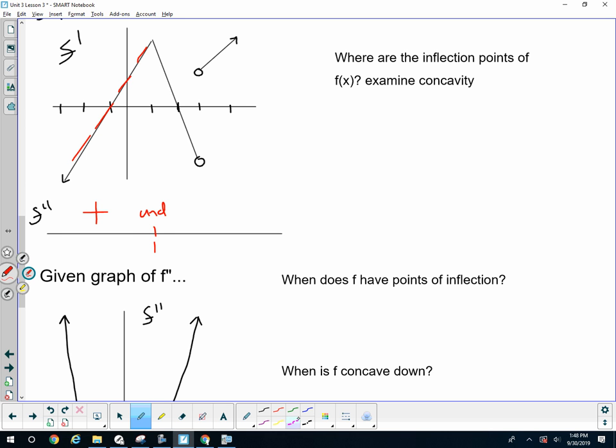Now people freak out. They're like, oh, that must mean it can't be a point of inflection. Well, look at the slopes. Negative, negative, negative, negative. They are negative until 3. That means f is concave up and then concave down. You have an undefined value at 1. Who cares? You change signs. X equals 1 is a point of inflection.